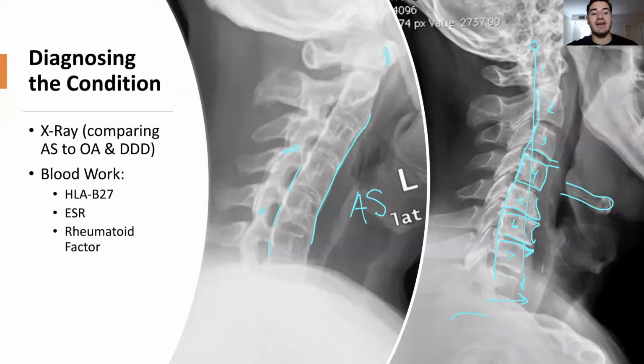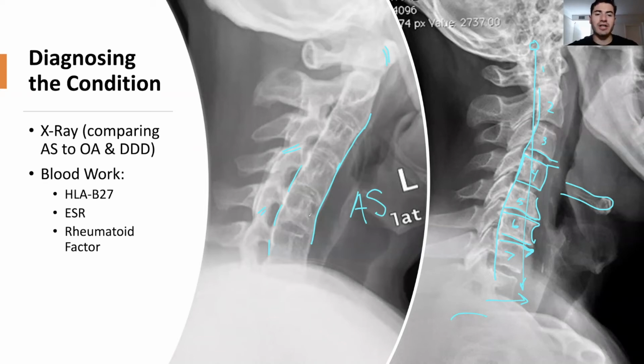It's used as a marker for spondyloarthropathies, which are arthritis in the spine, things like inflammatory arthritis, reactive arthritis, psoriatic arthritis. So they're looking for proteins on top of white blood cells, the B27 protein. And somebody who has AS will test positive for HLA-B27.